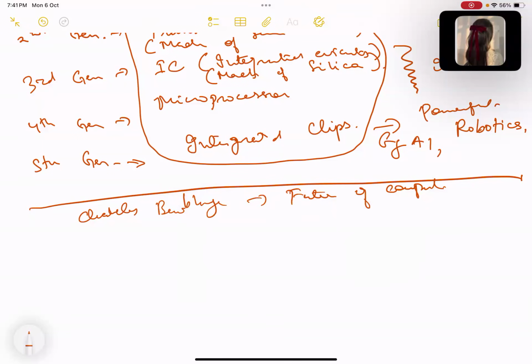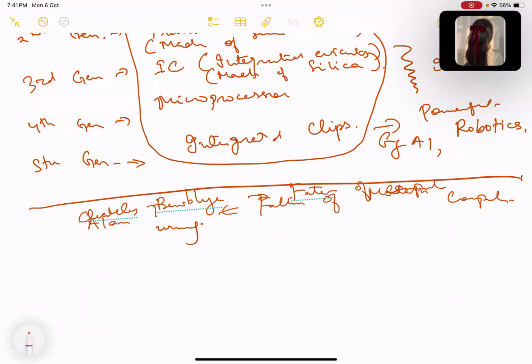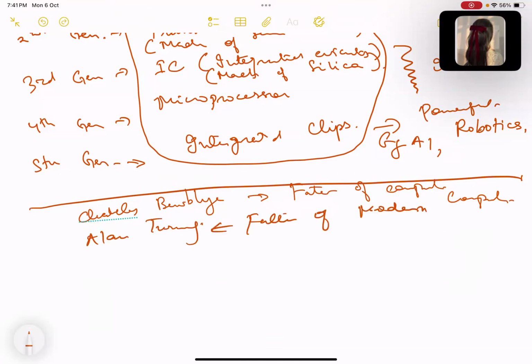And the father of modern computer is regarded as Alan Turing, okay? So he played a very important role during the Second World War, right? He was able to develop a computer system that was able to decipher the codes that were being used by the Axis powers.